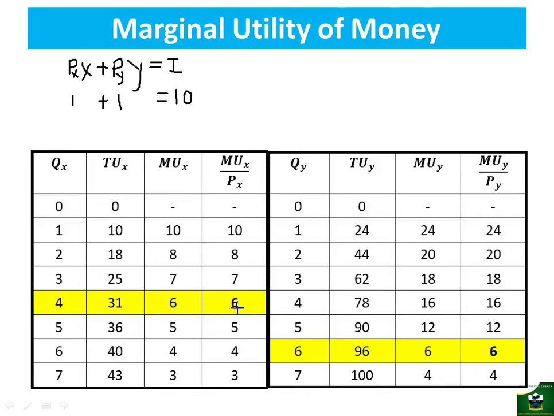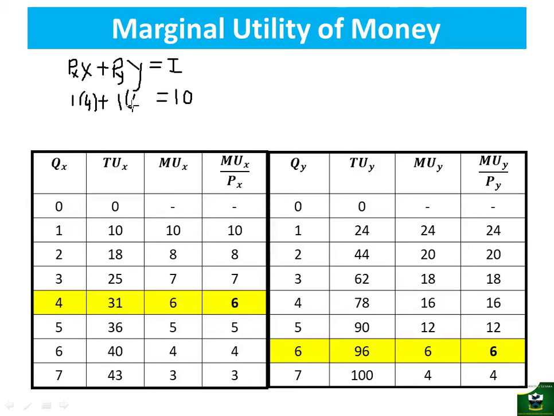So we have 2 points. We have the ratio of 6 and the ratio of 4, which is equal in both sides. So here we have 6 and 4, here we have 6 and 4. So for 6, when the marginal utility ratio to price equals 6, it means we are seeing that X consumed will be 4. Okay, and Y consumed at this level will be 6.